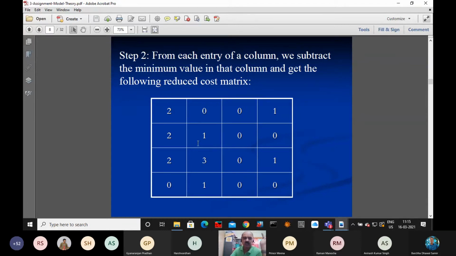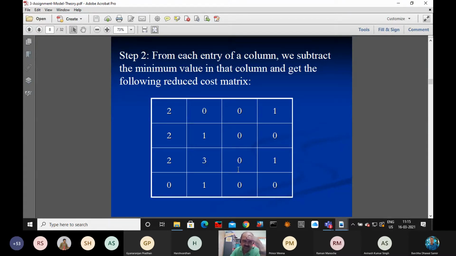Now see which row has only one 0. The first row has 2 zeros, the second row has 2 zeros, the third row has 1 zero, and the fourth row has 3 zeros. So we first come to the third row and assign to this 0.